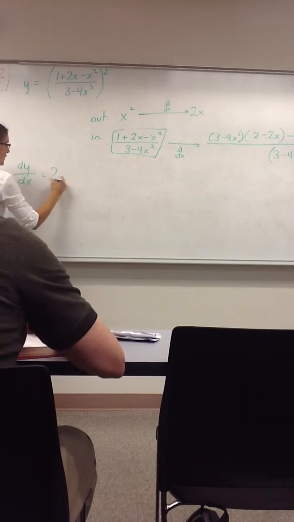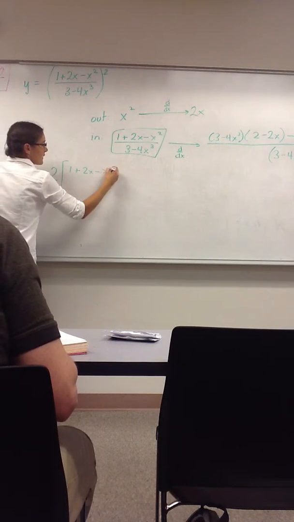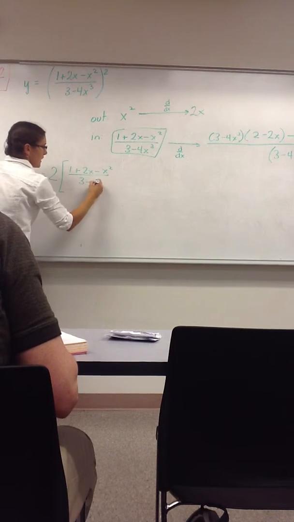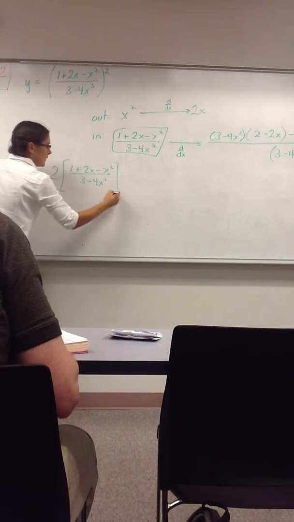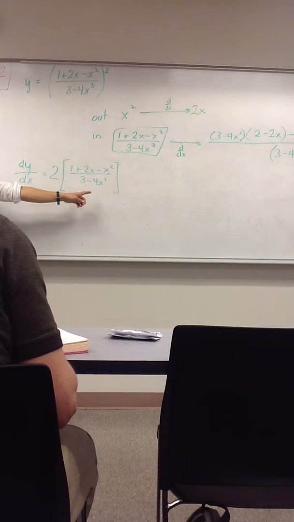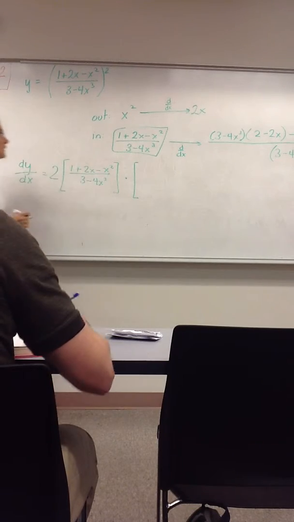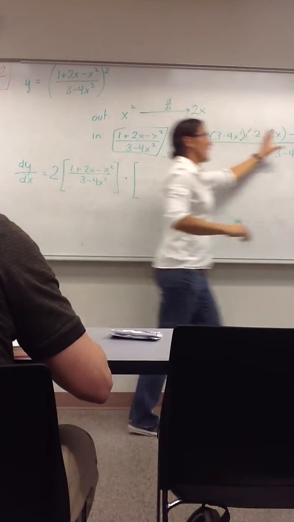So I've got 2 times 1 plus 2x minus x squared over 3 minus 4x cubed. So derivative of the outside, keeping the inside the same, times the derivative of the inside, which is this whole shebang right here.